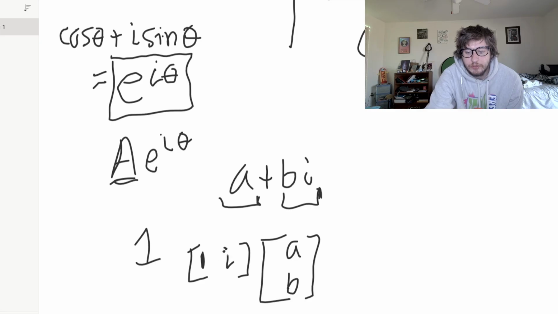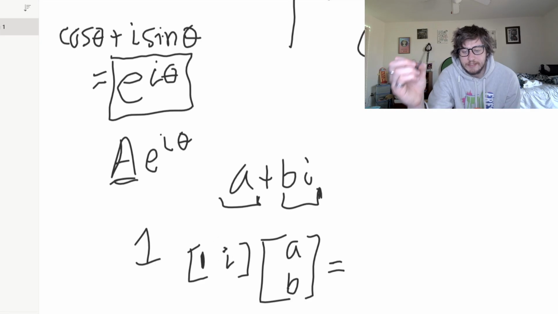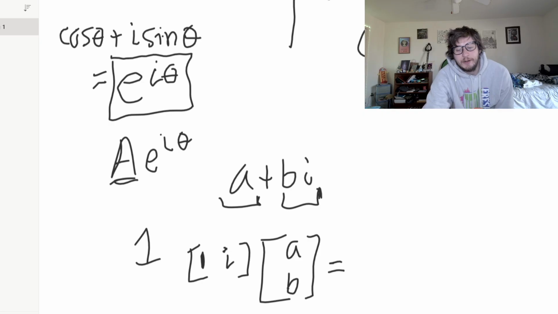Okay, so check this out. This is a 1 by 2 matrix: 1 row, 2 columns. And this is a 2 by 1 matrix: 2 rows, 1 column, right?